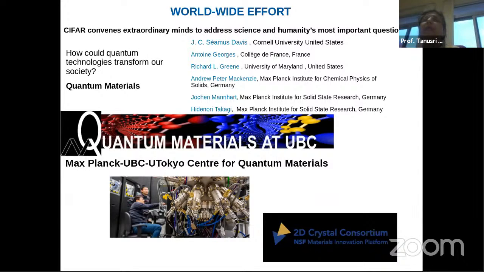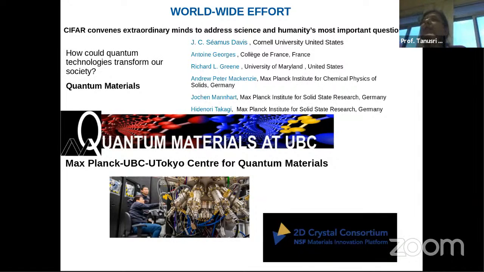With one common goal, to come up with new materials and new phenomena of quantum materials. The other example is the Max Planck UBC, University of British Columbia and University of Tokyo Center. So three institutes have come together to make one institute on quantum materials. Of course, NSF has put a lot of money and effort in this direction. I would mention only one, the 2D Crystal Consortium, that involves many different institutes in the US.